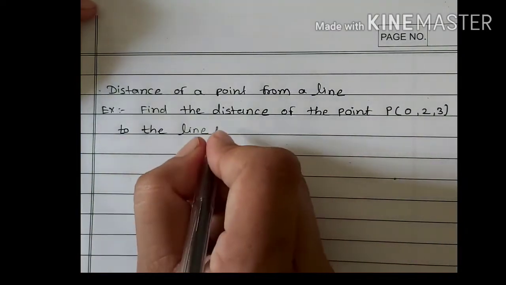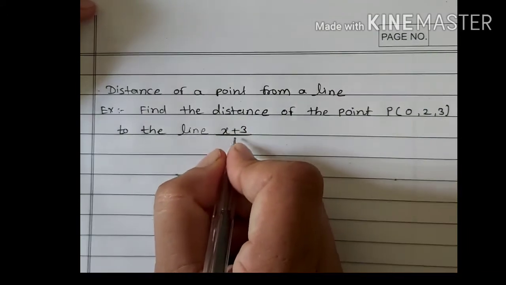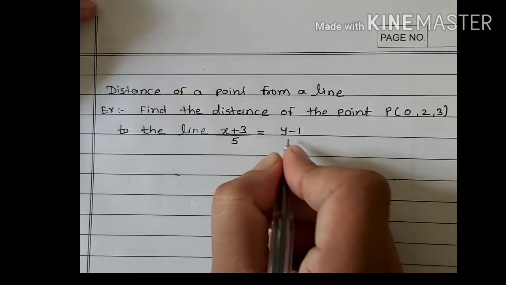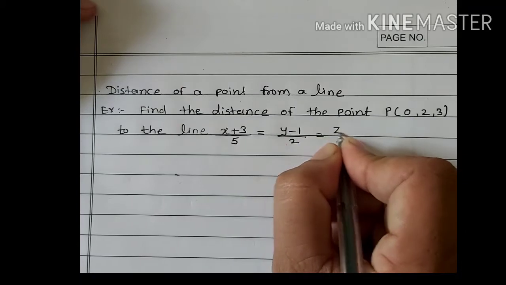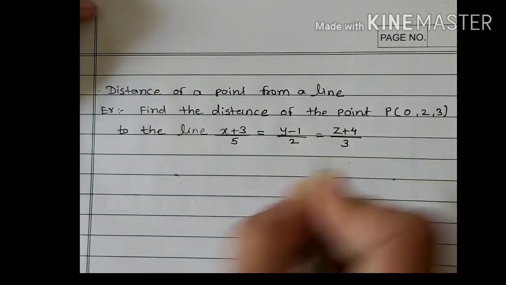Its equation is (x plus 3) divided by 5 is equal to (y minus 1) divided by 2 equal to (z plus 4) divided by 3.